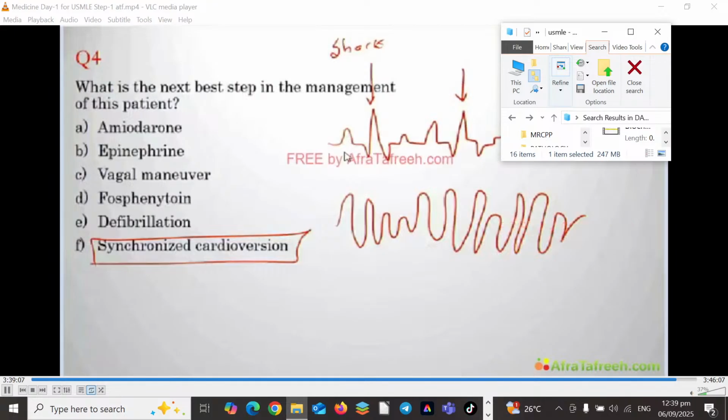As there is no QRS complex, there is no way your paddles can identify the R waves. There is no synchrony between the electric shock and the heart depolarization. Such a process is called defibrillation.